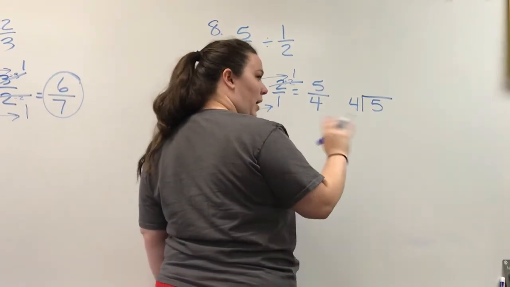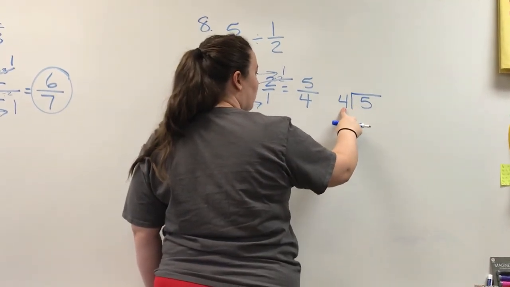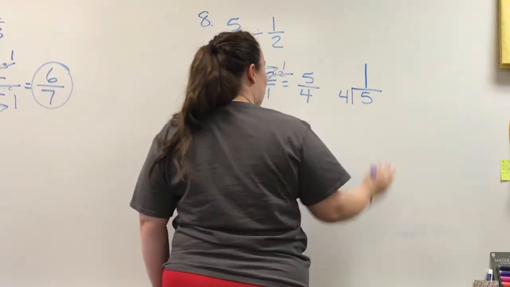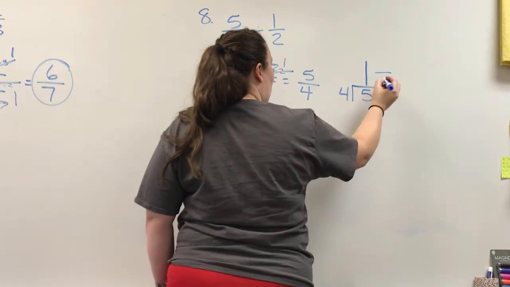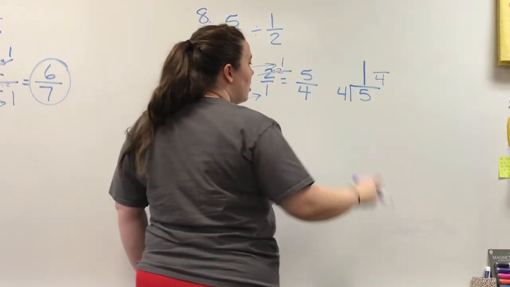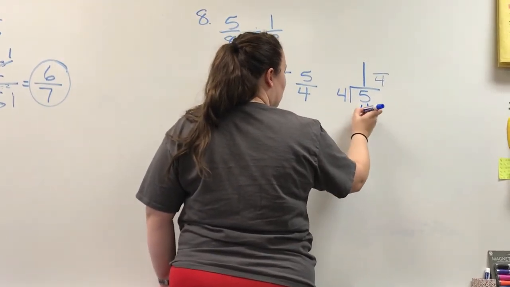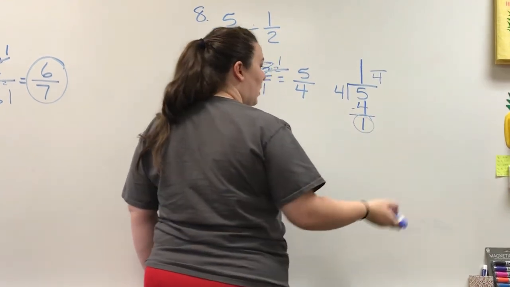Okay, this is really good practice. I feel like we don't get a lot of these very often. So how many times can 4 fit into 5? That is 1. That's going to be your whole number. Automatically put a fraction line with this as the denominator. The denominator doesn't change. So if I go 4 and 1, and I just do my regular division and I have some subtraction, I have this as a remainder.